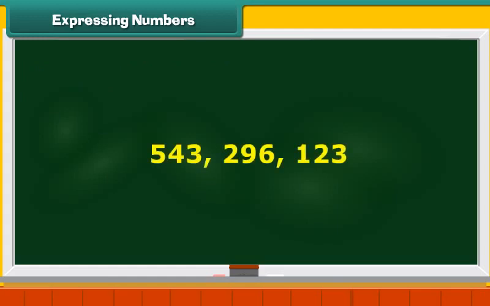Look at this number: 543,296,123. It has 3 groups. Therefore, it belongs to the International System of Numeration. Let us express it in expanded form.